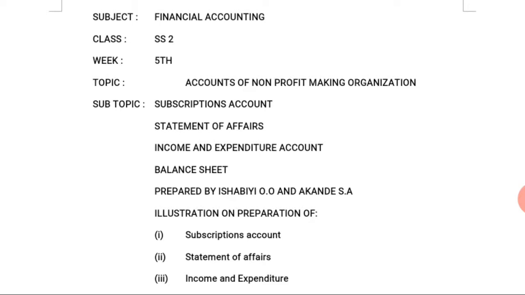And as we all know, we are in the fifth period. We are in the 5th week of the 3rd term of this academic session, and the topic we have so far been discussing is accounts of non-profit making organizations.